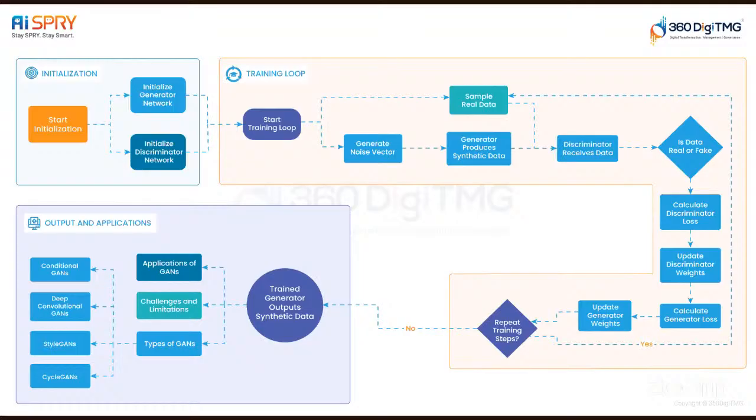It allows control over specific styles like hair, smile, age, likewise. Then we have CycleGANs, used for image to image translation without paired examples, like turning horses into zebras or paintings into photos, likewise.